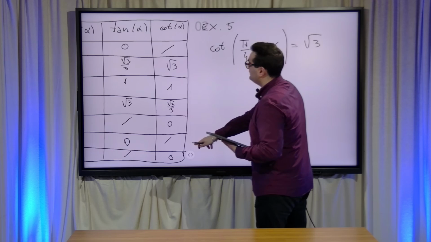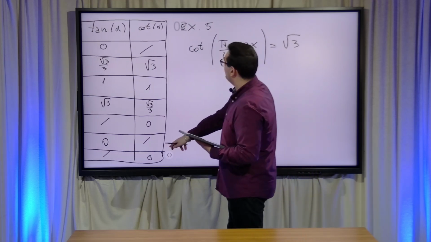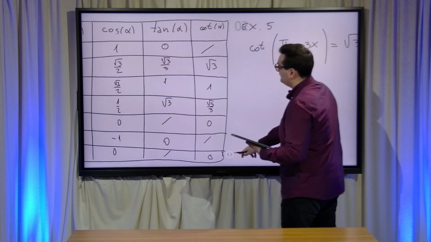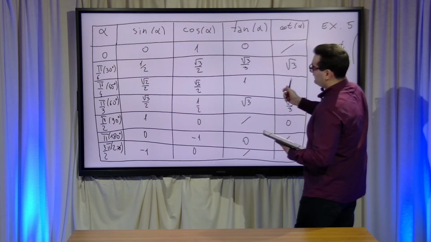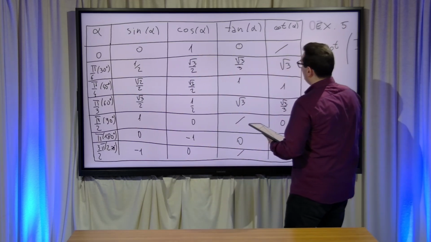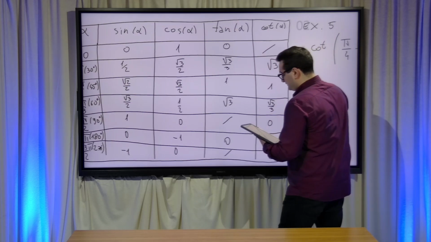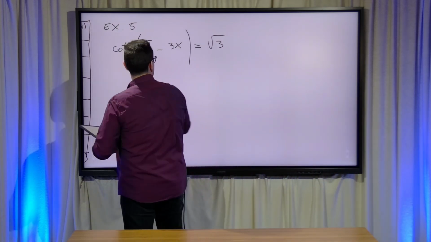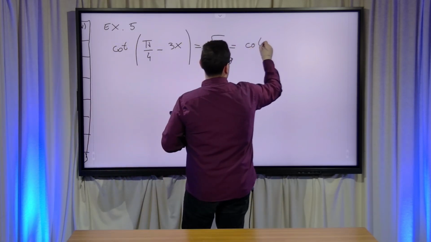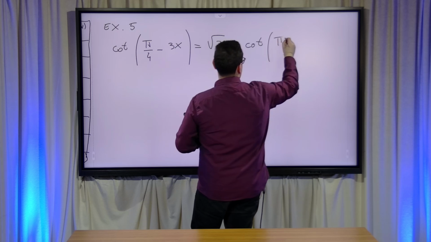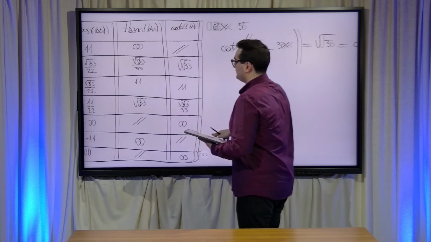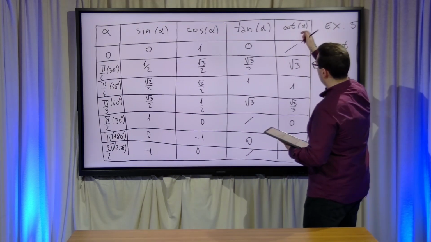If we look in the table, square root of 3 is given considering, again, an angle of pi over 6. So I can write it as the cotangent. Let's write it here. This is also equal to the cotangent of pi over 6. And this is true because of this one.